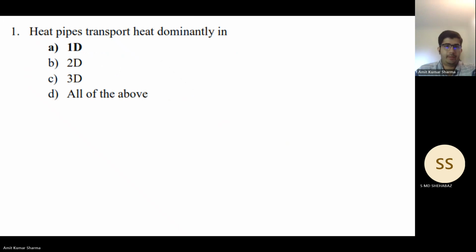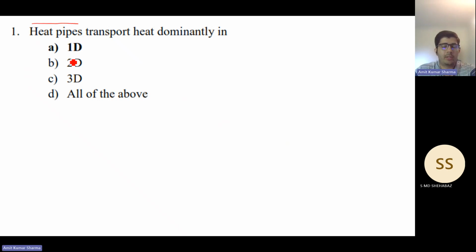Okay. So let's start with a basic question, because you know that our previous week's classes were about heat pipes. So the first question is that heat pipes transport heat dominantly in 1D, 2D, 3D, and all of the above. So you have to tell in which direction the heat pipes transport heat.